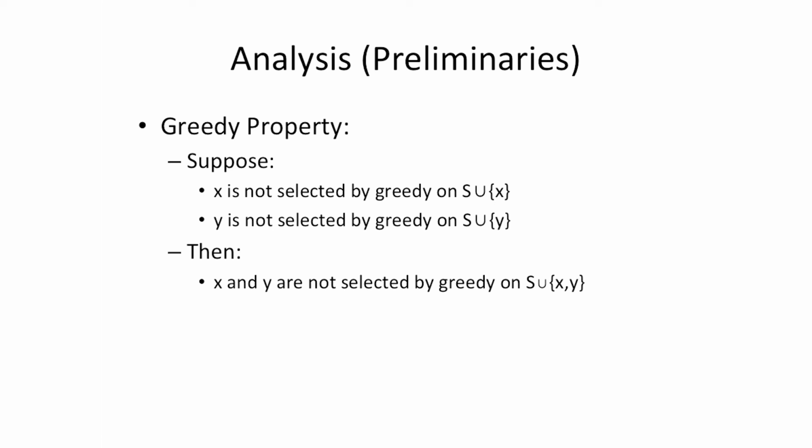It still should be beaten by elements of S. Okay, so this is a property that the greedy algorithm has and other algorithms have. And we'll exploit this in the analysis.